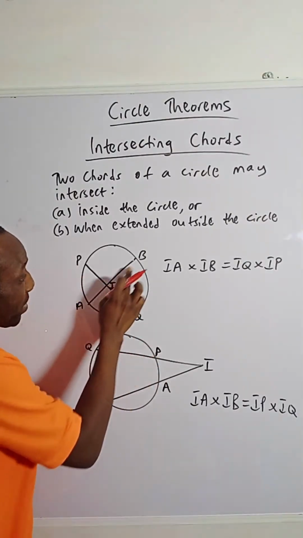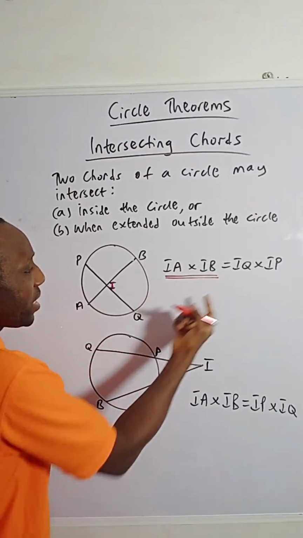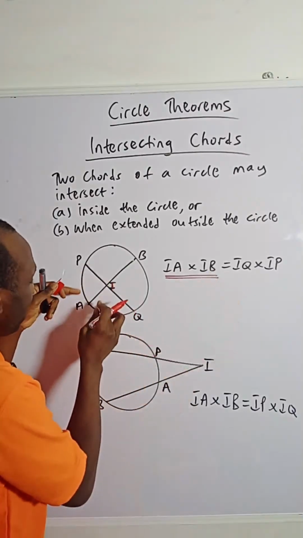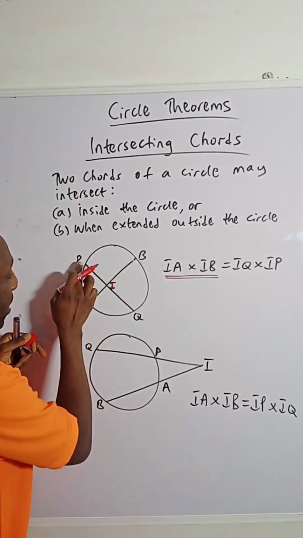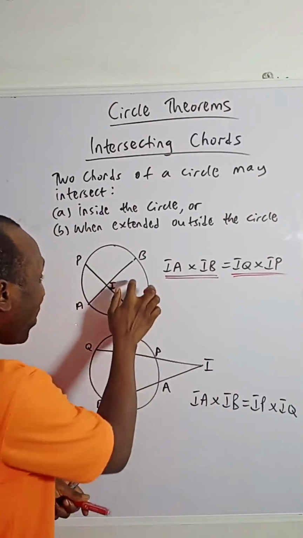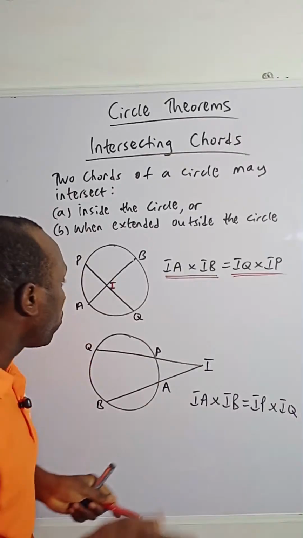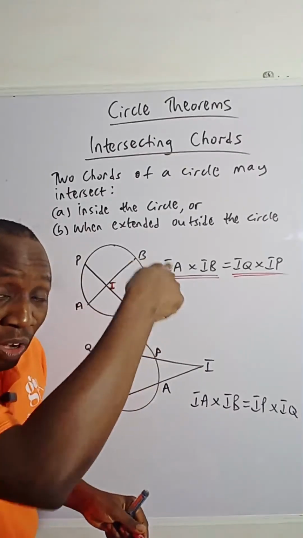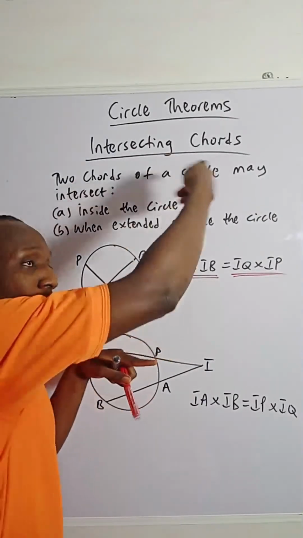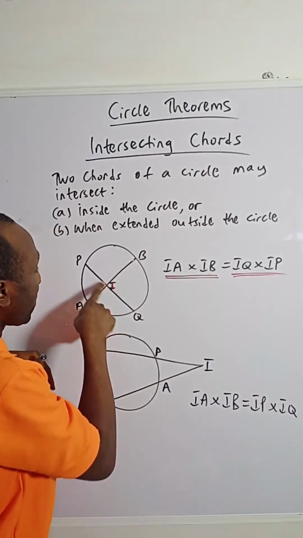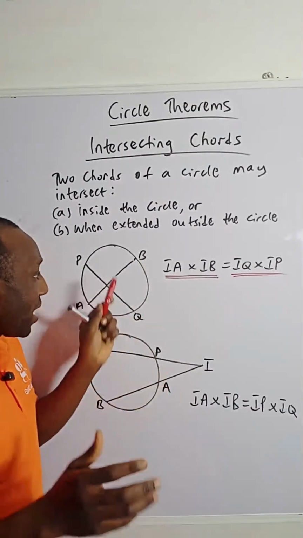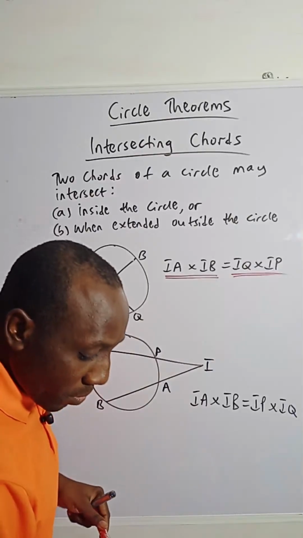So IA times IB is equal to IQ times IP. It's very easy. If the two lines intersect in the circle, all you have to do is pick one of the chords and multiply from where they intersect to one end by the other end. So you do IQ times IP, which is equal to IA times IB. That's all. That's for the first case, where the two lines intersect in the circle.